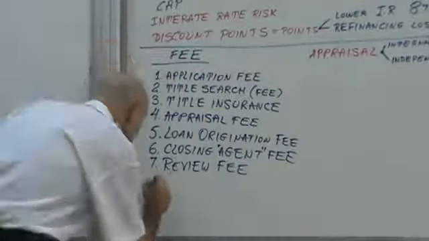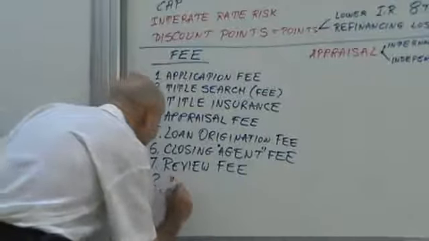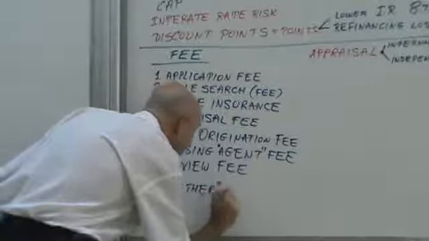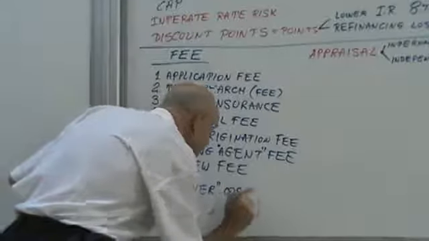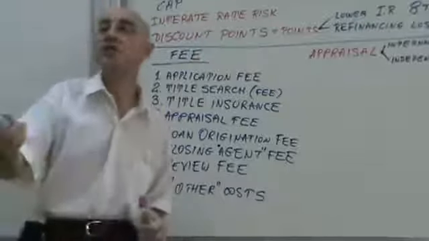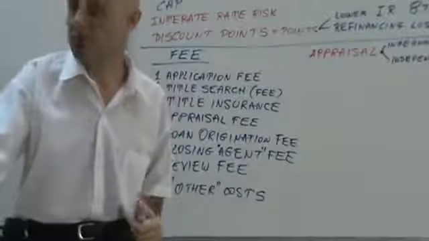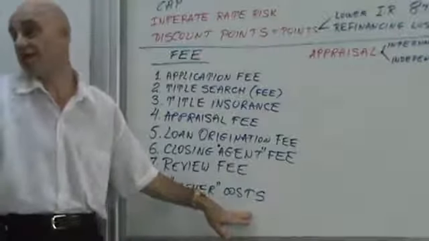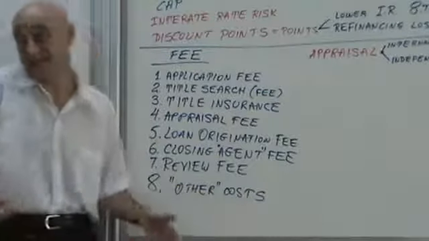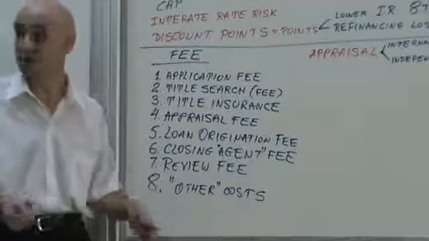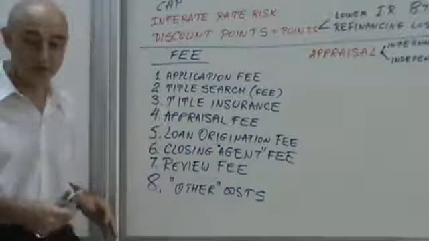And then, of course, there are going to be other costs. Like, you want 2 copies of the mortgage contract. Sure, $10, and you're going to get an extra copy, right? Okay. So, whatever else you need, everything will cost you. And these are some of the fees.